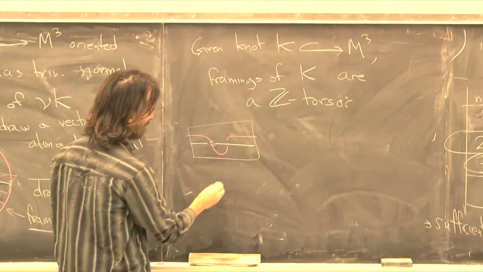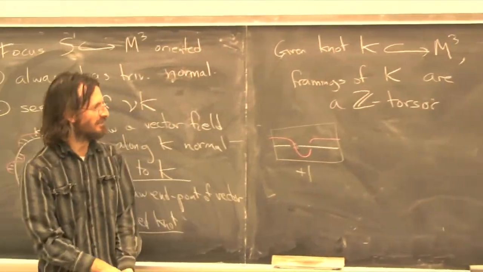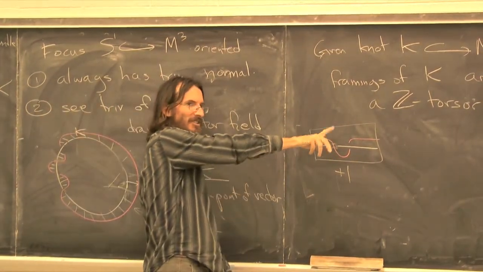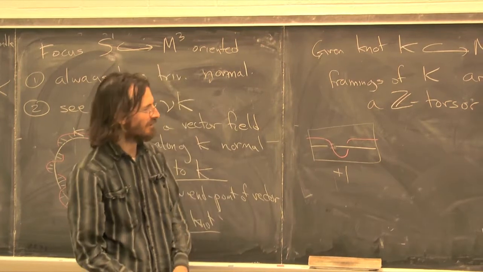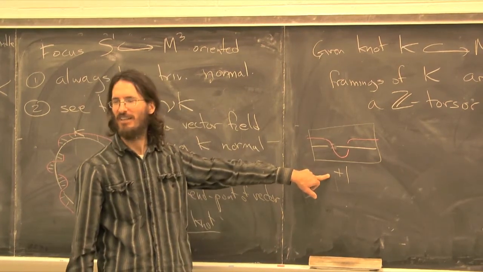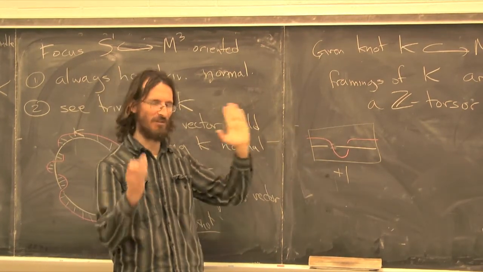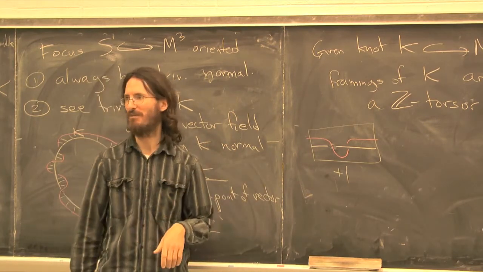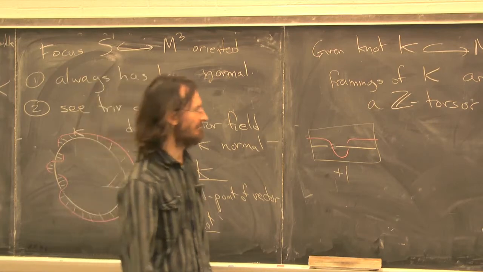But we call this plus one, because this is a right-handed twist. If you go in this direction, you see the red curve is twisting to the right. So adding one to the framing corresponds to just taking a little piece of it and putting that in. That's a well-defined operation. Another way to say it is the difference between two framings is an integer as well.